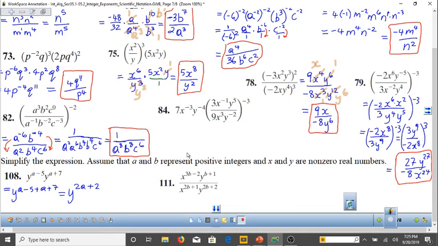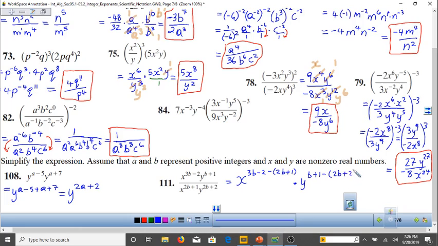So for this one, what I would recommend is that we split this up to be x to the 3b minus 2 minus quantity 2b plus 1, and then times y to the b plus 1 minus quantity 2b plus 2. Let's simplify that.